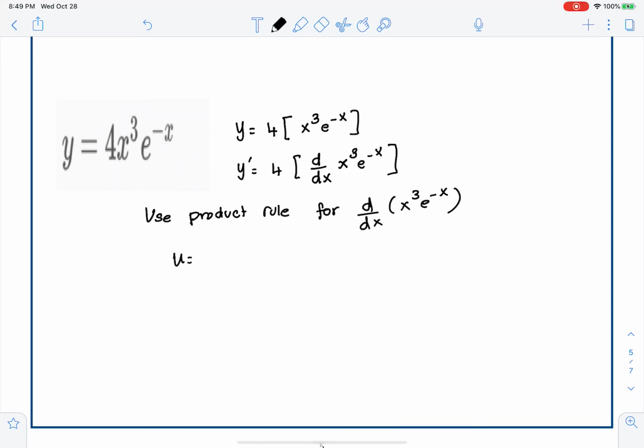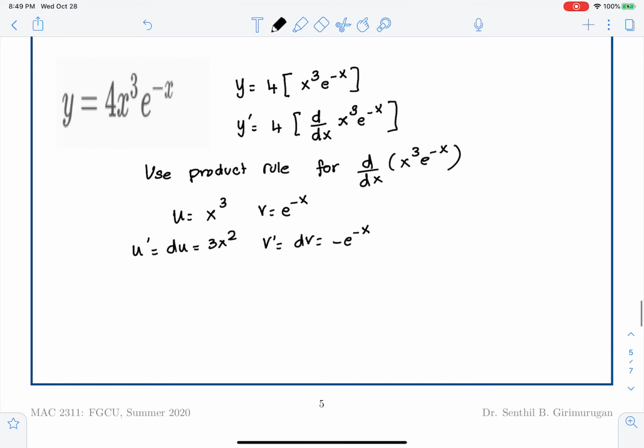But since there are two functions in product, we have to use product rule. So u is x cubed, v is e raised minus x, du is 3x squared, or u prime, v prime is dv, the derivative of e raised minus x is negative e raised minus x.